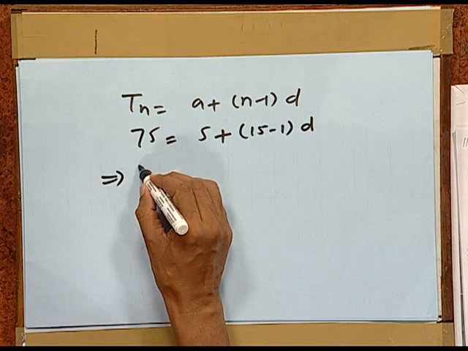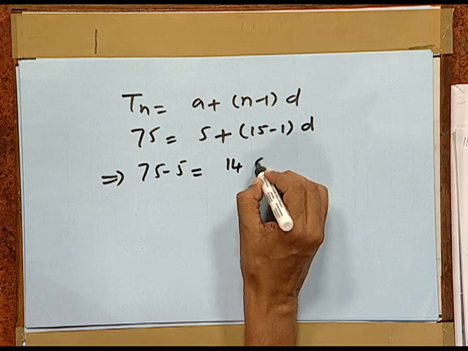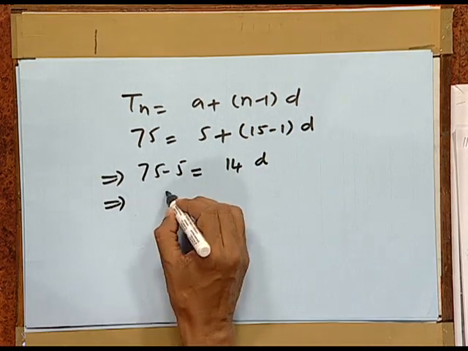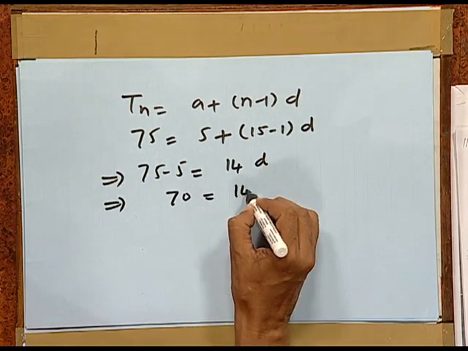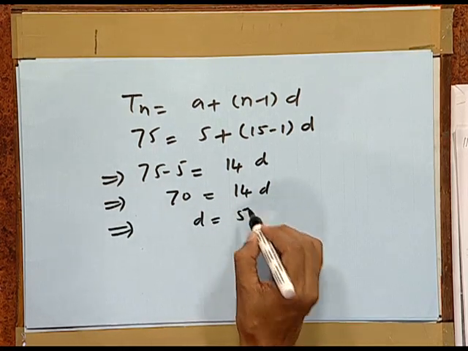This gives 75 minus 5 is 14d, that is 70 is equal to 14d. So, finally, d is equal to 5. So, it is clear that whenever out of the 4 parameters a, n, d and Tn, any 3 is given, we can find the fourth.